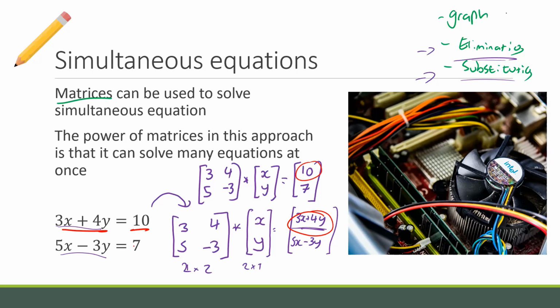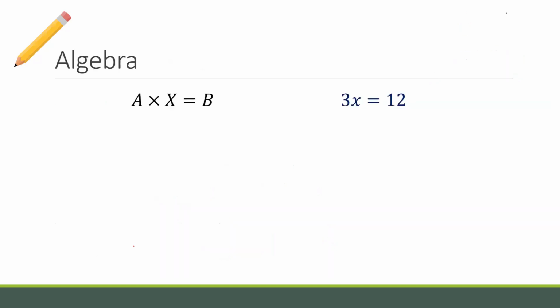So now we have a way to turn equations into matrices. But then why did I spend so much time on inverses if we don't need them? Let me show you. Let's take two equations. On the left, we've got a times x equals b.